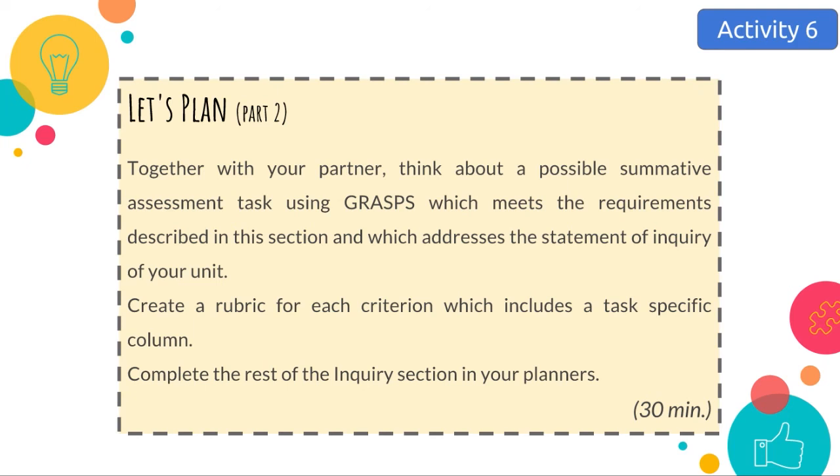So it says, together with your partner, think about a possible summative assessment task using GRASPs, which meets the requirements described in this section and which addresses the statement of inquiry of your unit. You will also create a rubric for each criterion, which includes a task-specific column. Remember that I already mentioned in which page you can find those rubrics.